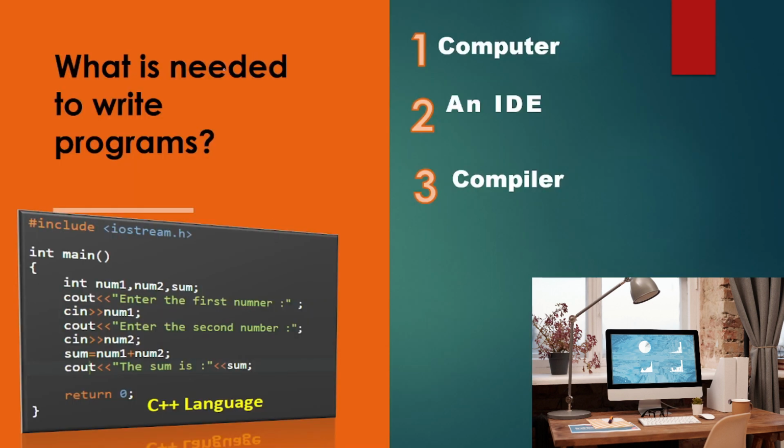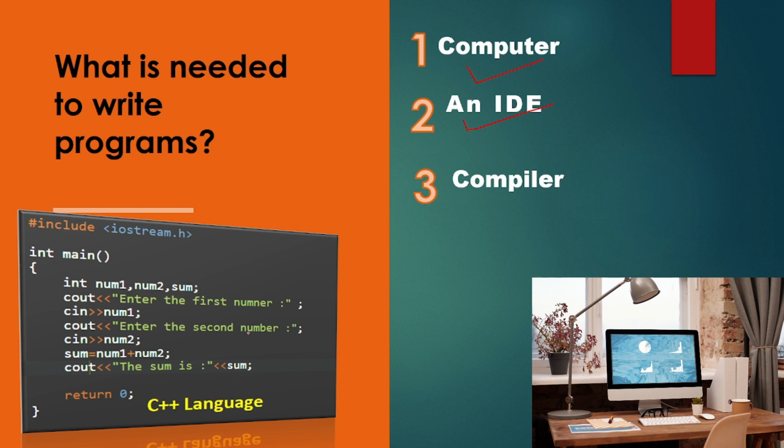For every language you work on, you need three things to write programs, to write instructions. You need a computer, obviously, wherein you will give instructions. You need an IDE, which is called an Integrated Development Environment. It is basically an environment where you can write your program. For example, Visual Basic is an IDE.